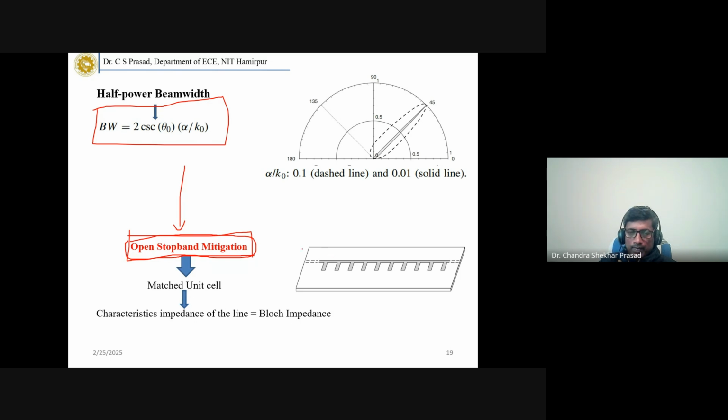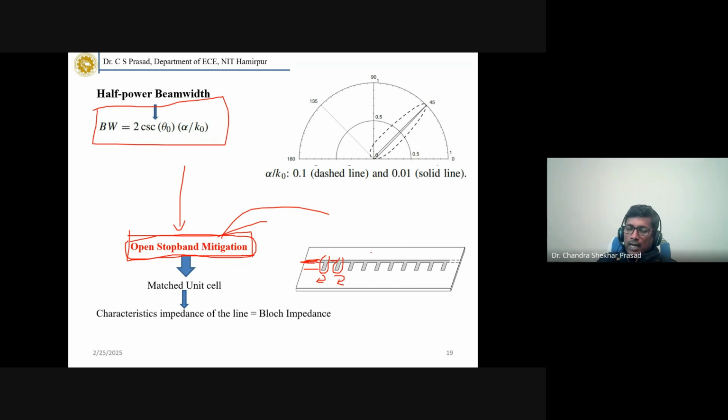Just see why we have this problem. We have perturbation or periodic loading, and we have launched the wave. Here we have a simple transmission line, then suddenly a disturbance, then again a simple transmission line, then again this disturbance. The open stop band phenomenon comes into the picture because of the reflection from this perturbation or periodic load.